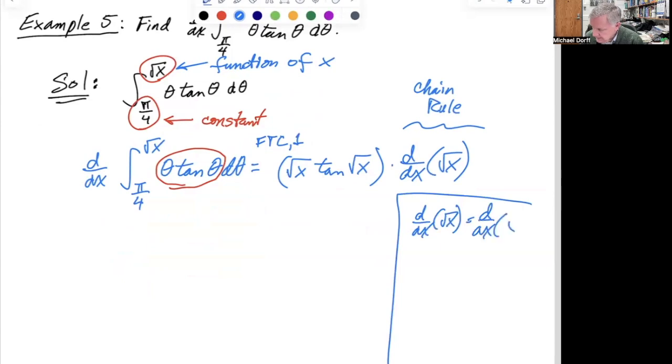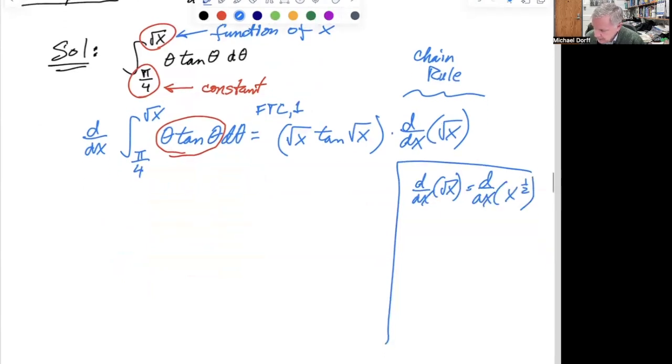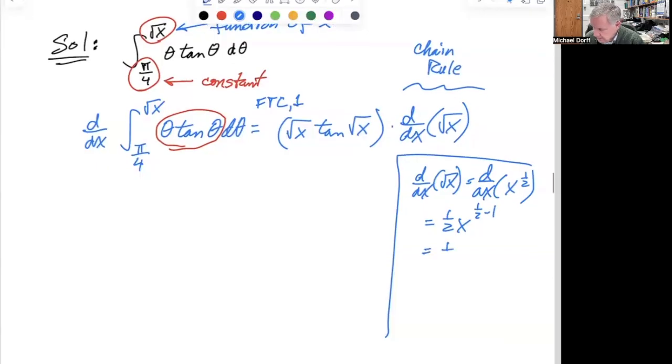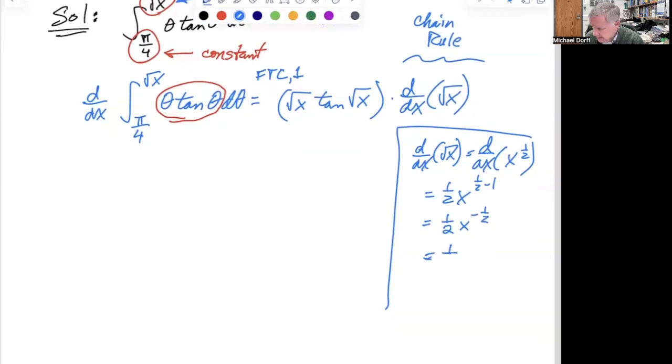I would write x to the 1/2 power, and now by the power rule, I bring the 1/2 out front, I write x, and I subtract 1 from the exponent, so it's 1/2 x to the negative 1/2, which is the same thing as 1/2 times 1 over x to the 1/2, which is the same thing as 1 over 2 square root of x.